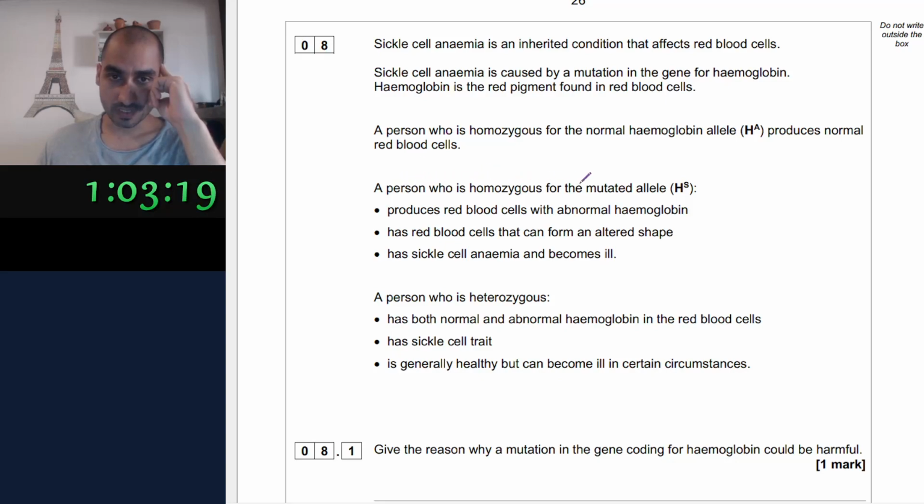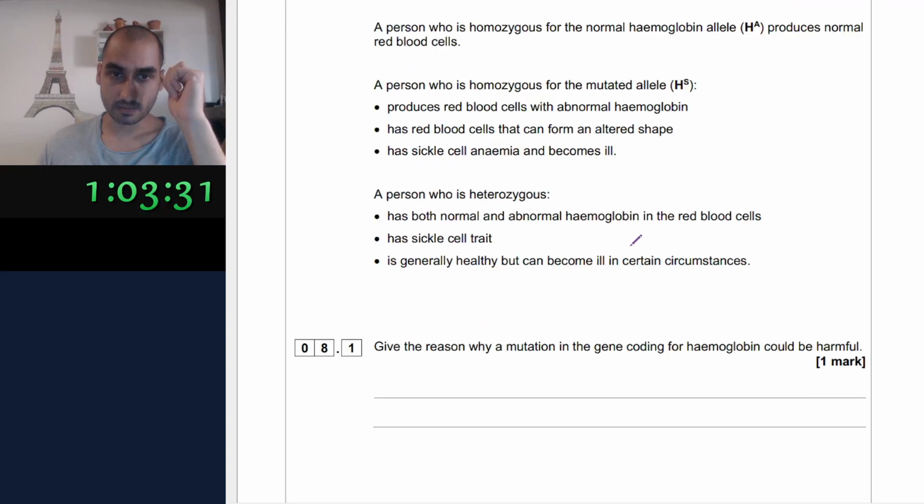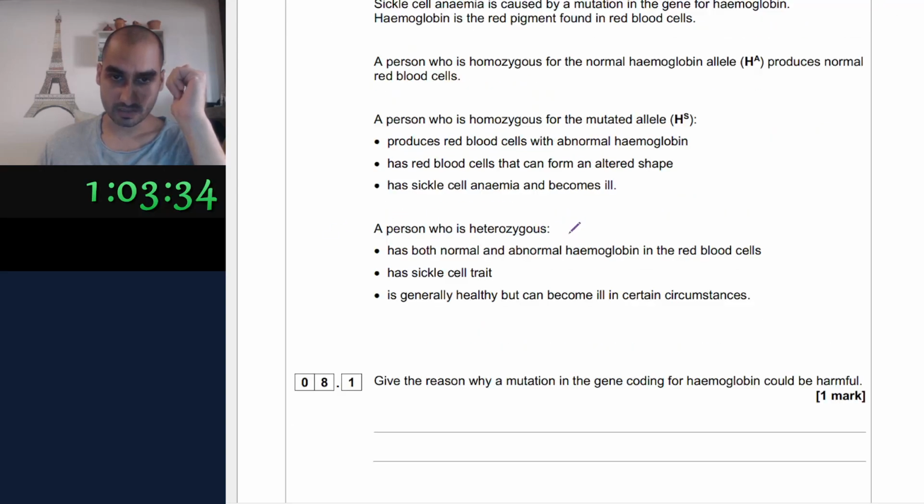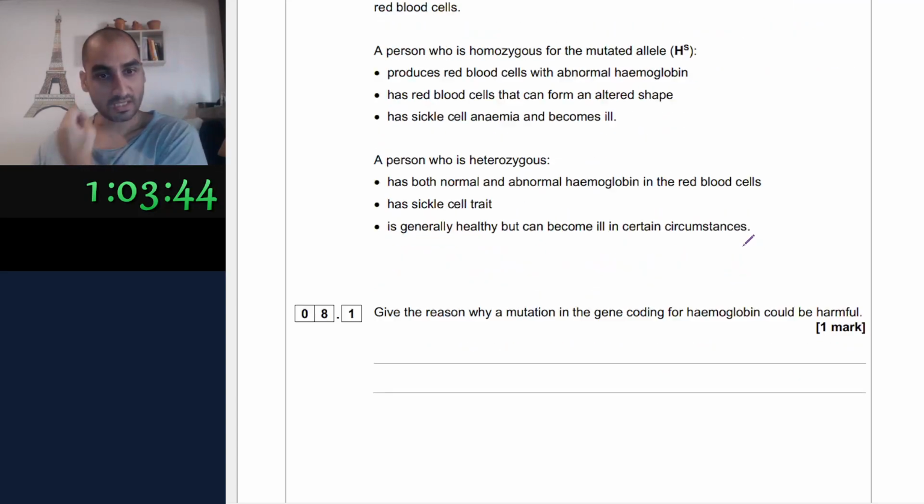A person who is homozygous for the mutated allele produces red blood cells with abnormal hemoglobin, which have an altered shape, has sickle cell anemia, and becomes ill. A person who is heterozygous has both normal and abnormal hemoglobin, has sickle cell trait, is generally healthy but can become ill in certain circumstances. Okay. Give the reason why a mutation in the gene coding for hemoglobin could be harmful.